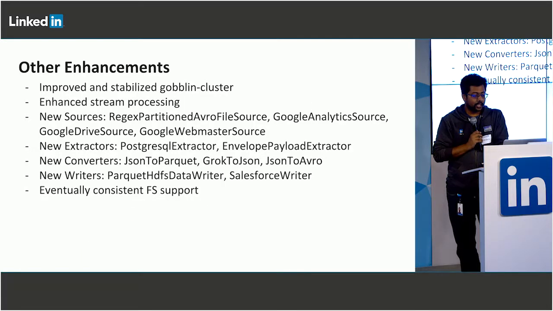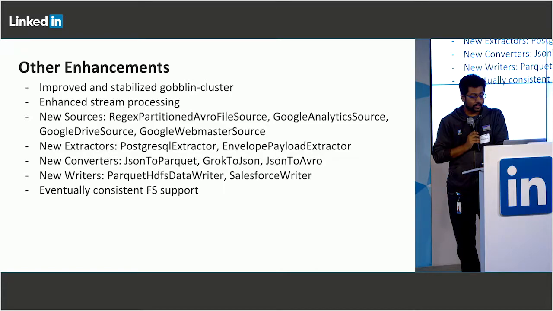In terms of other announcements, we had many new things happen and lots of work done around stability of different components. But one of the major things that we did was around stabilizing and improving the Gobblin cluster. We spent quite a bit of time to make sure that it works nicely at greater scale. And then we have better stream processing support. It's slowly and steadily getting on par with all the offline processing that we already do pretty nicely.